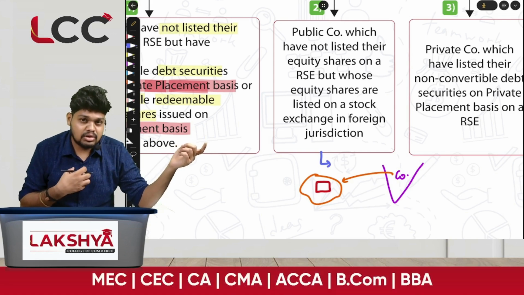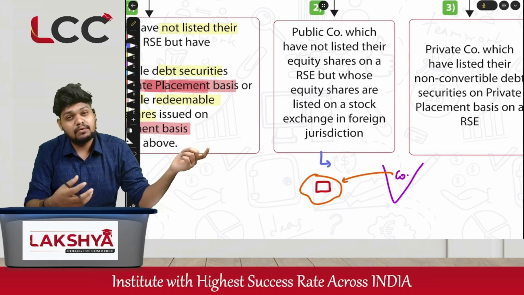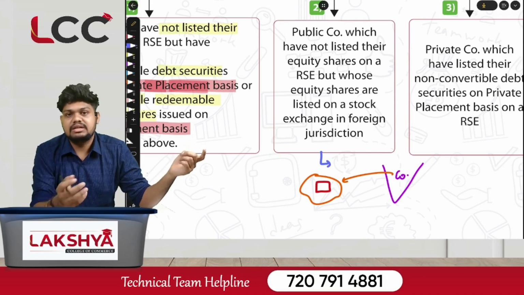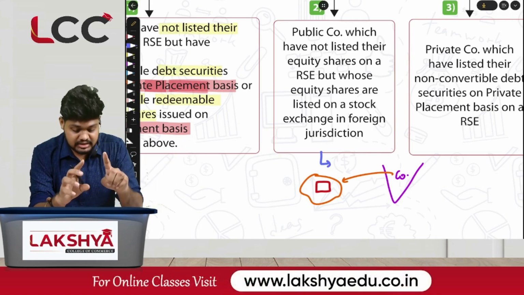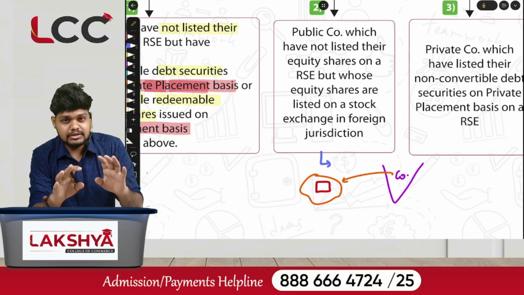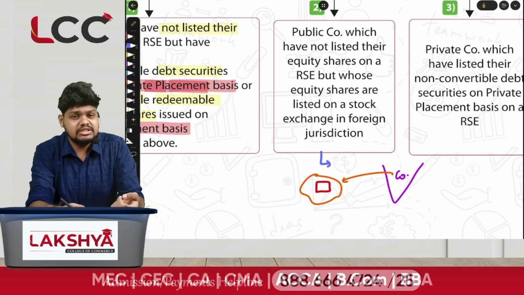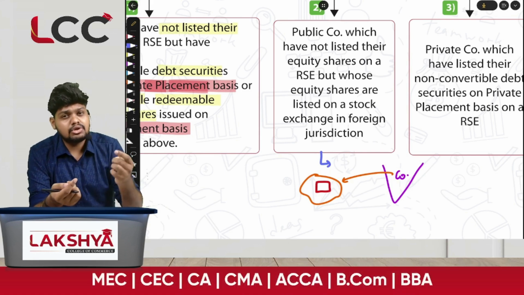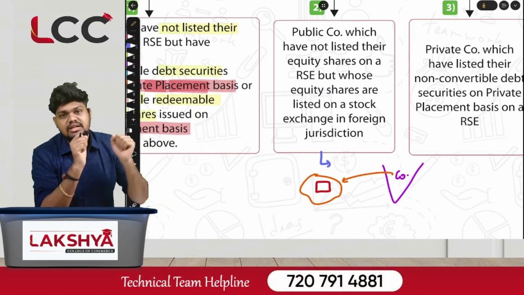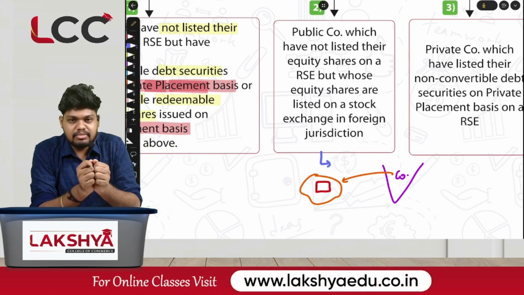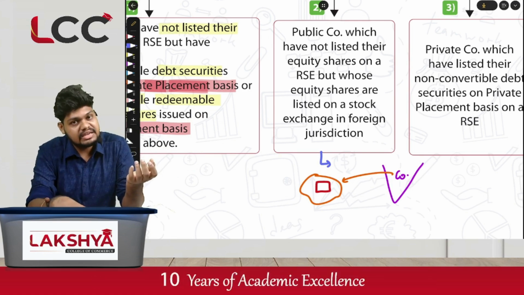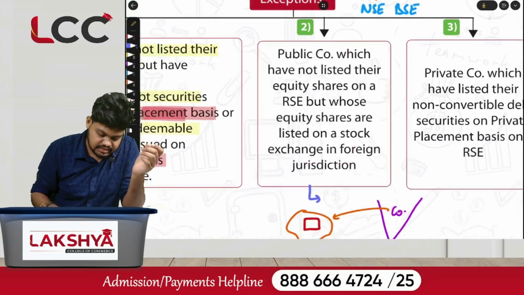Because the securities are not made available for trading in India, I'll still consider you an unlisted company. Understand the difference between 1 and 2 here. Point 2 focuses on any kind of securities. That means even if equity shares are listed on a stock exchange located outside India in a foreign jurisdiction, I'll still consider that company an unlisted company, because the securities are not available for trading for Indian investors.